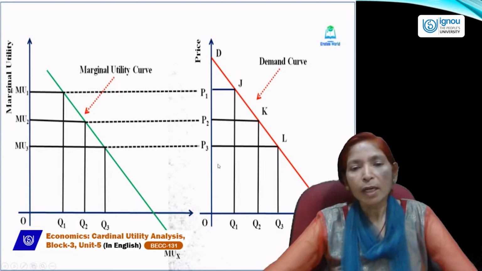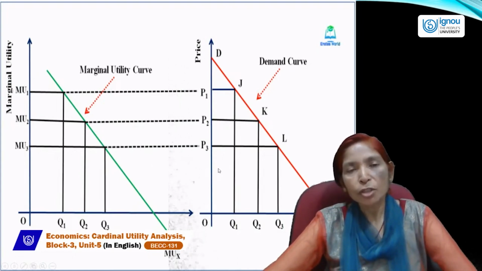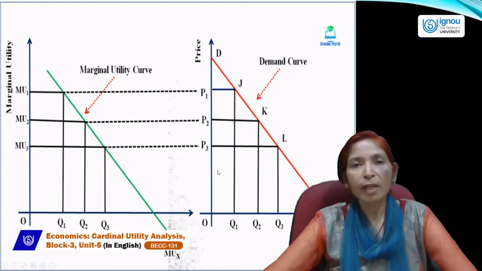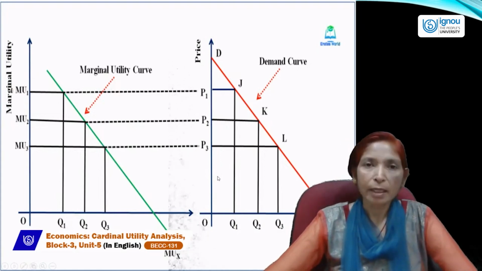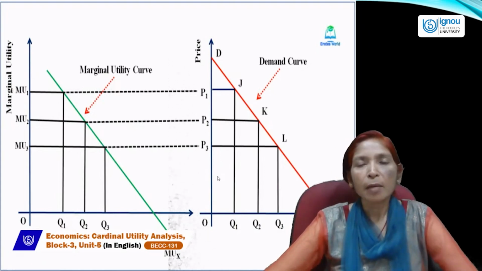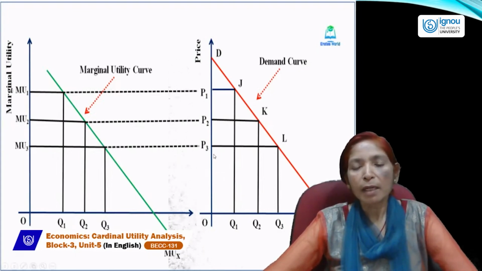So we will draw another curve and take these points in it, like MU3, P3 at lower price. You know that the demand curve always shows an inverse relationship between price and quantity demanded. At higher price, demand will be lower, and at lower price, demand will be higher. So at lower price P3, demand is higher.